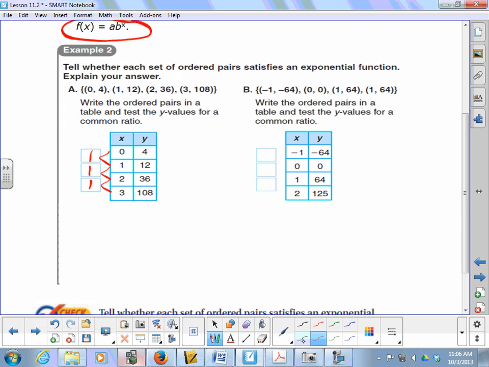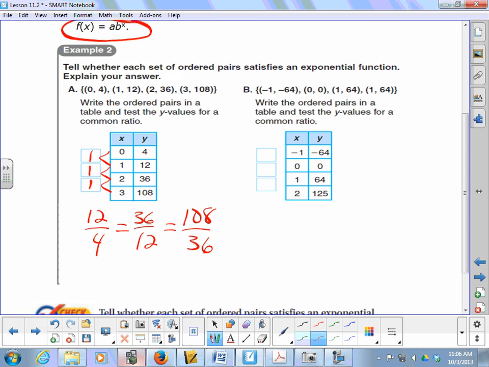Okay. So we've got to do 12 divided by 4, and 36 divided by 12, and 108 divided by 36. These all have to agree. Okay. So do those all equal the same thing? Okay, which is 3.